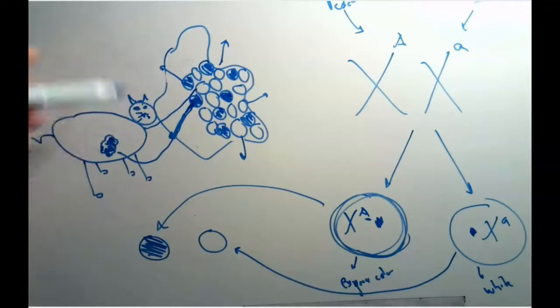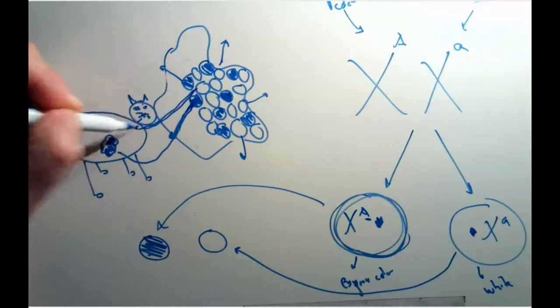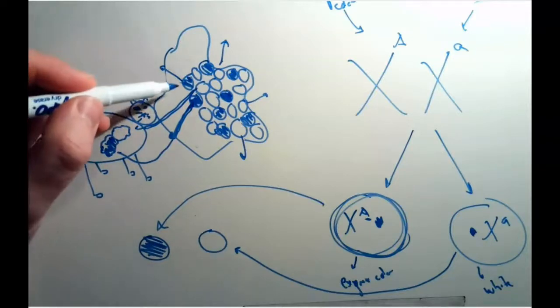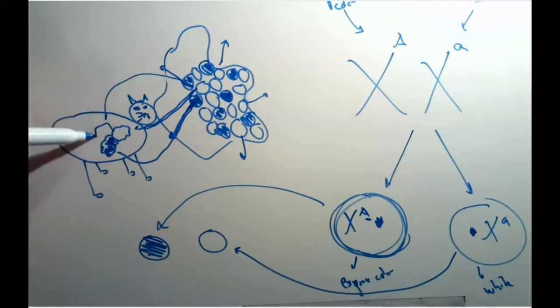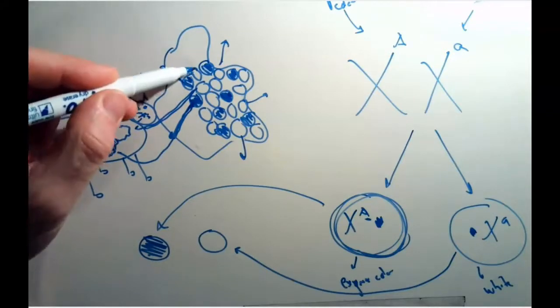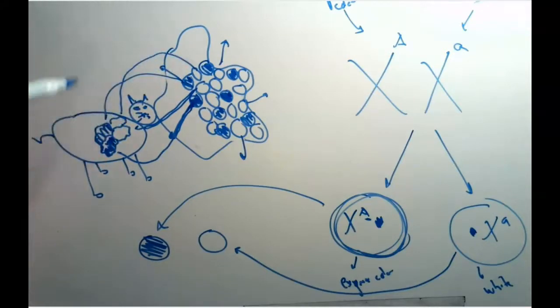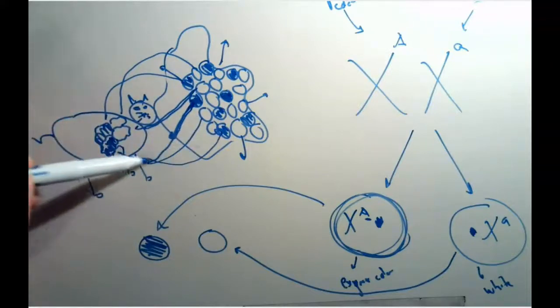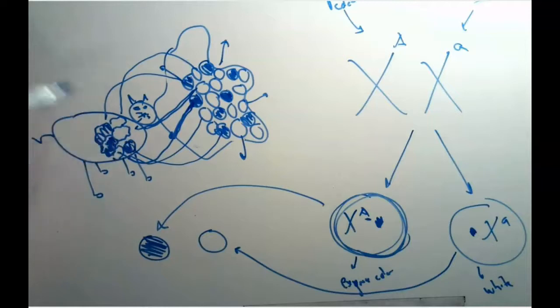Just next to it and above it, this cell created a patch of skin cells that can express color, and that's white skin cells. This skin cell made another patch of color. This skin cell made another patch of white. We have white below. We have color next to that. And as you can see, I'm drawing a calico cat.